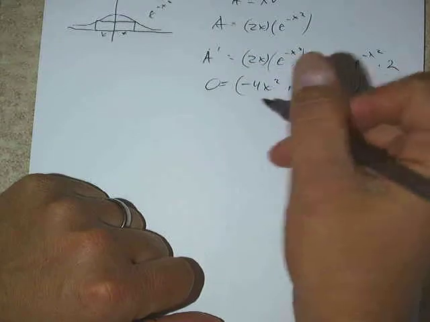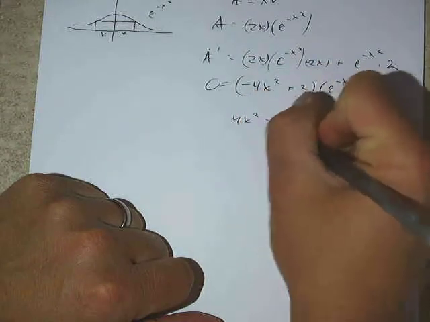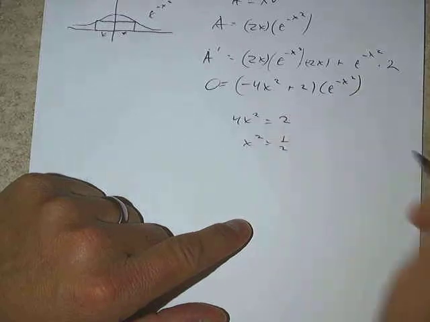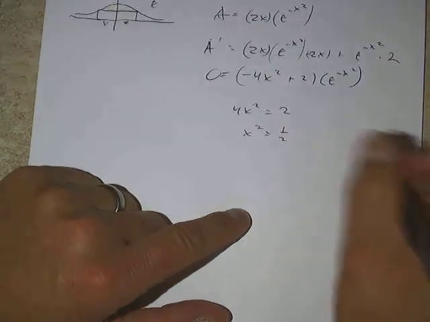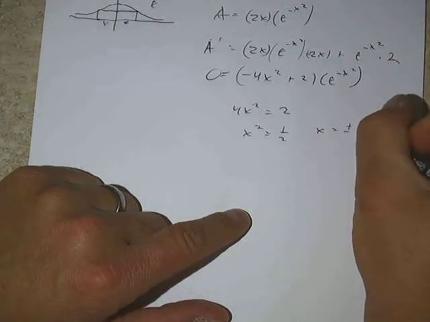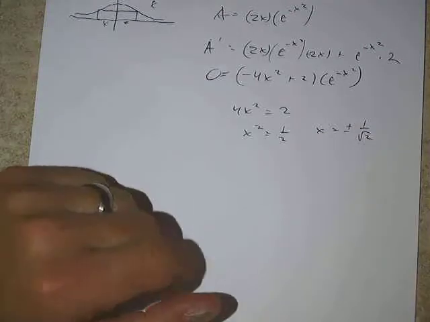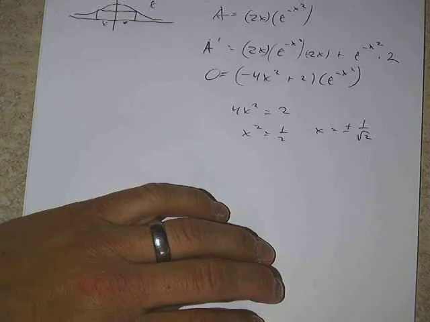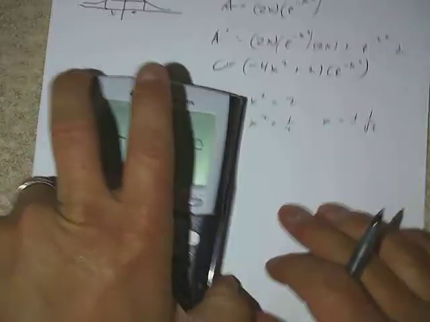And we ultimately want to know, when does this equal 0? Well, when does e to the negative x squared equal 0? You've got a picture right in front of you. Does it ever equal 0? No. So when does the other factor equal 0? If I were to do 4x squared equals 2, I'd get x squared equals a half, 2 divided by 4. So it'd be x equals plus and minus 1 over radical 2.